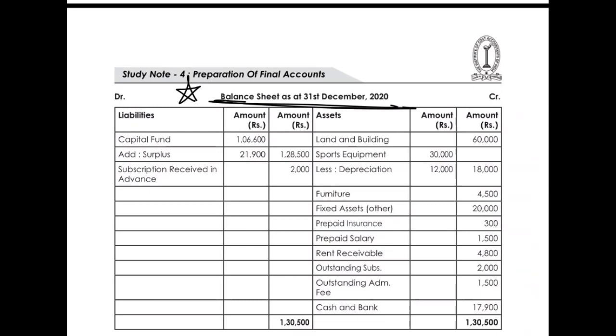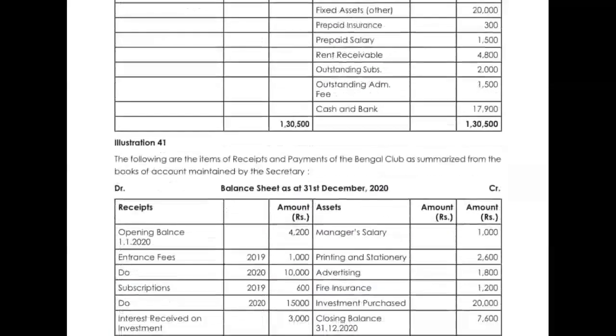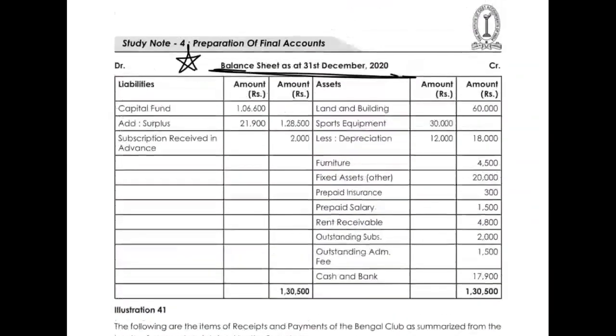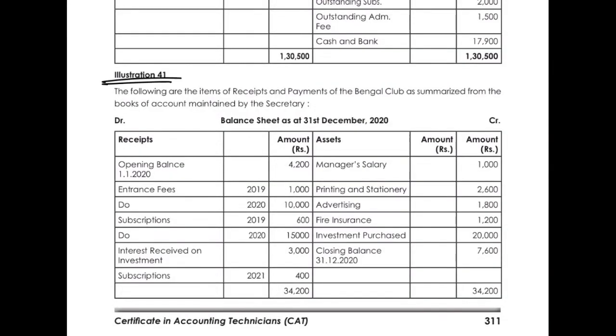But I would say solve this the way which we are doing, not the theoretical way. So if you are able to do this question, everything is clear. Otherwise, we can do one more question in the class, that is illustration number 40, and then you can try illustration number 41 in the homework of the next session.